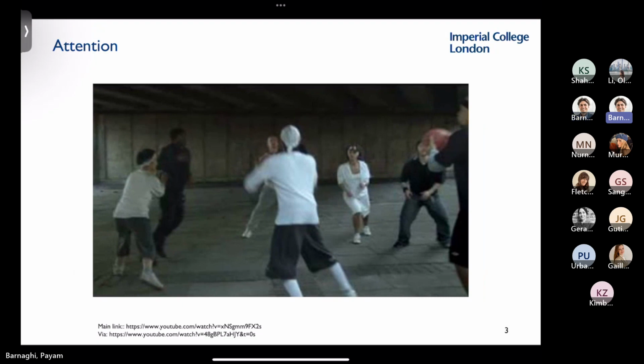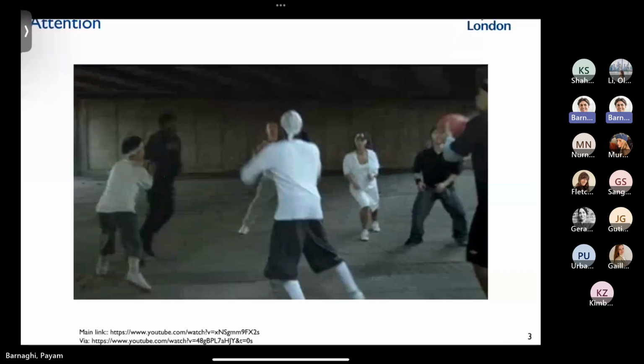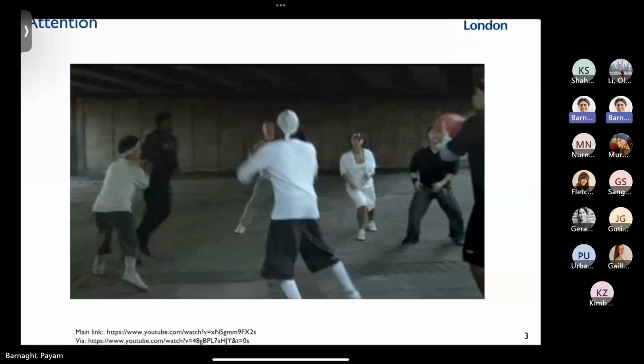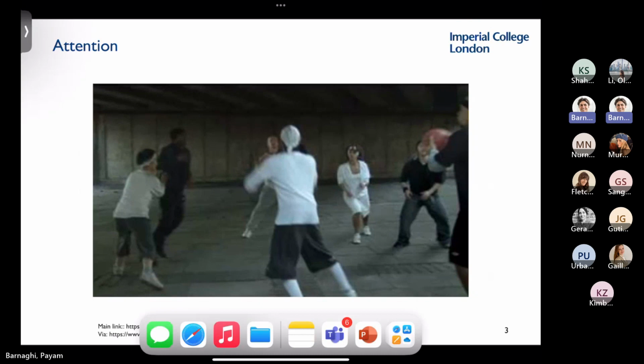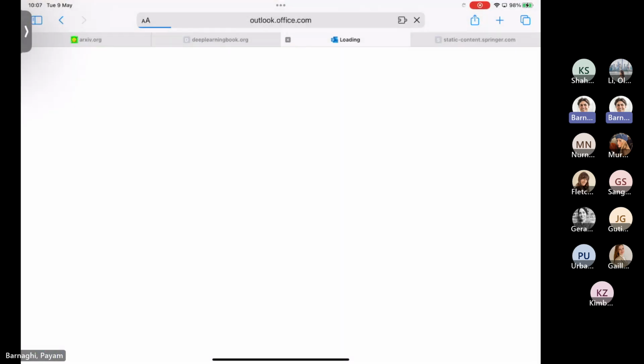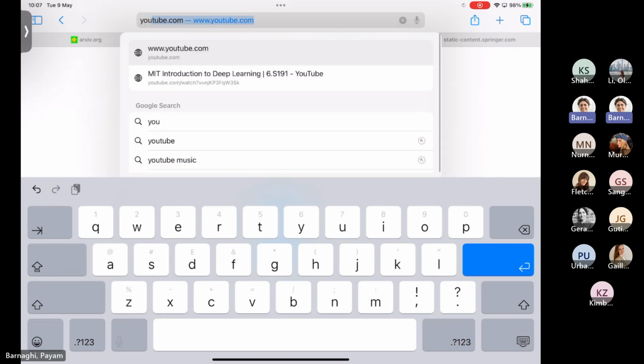What's wrong? Okay, I can't play the video for some reason. Can you mouse over it and then click on it? The reason is I think I'm using a different Word version here compared to my screen. Let me just play it on YouTube. I should have tried this before.